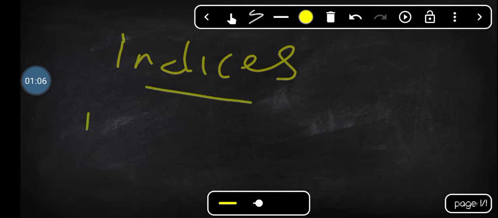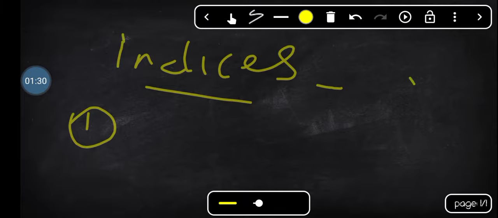The first law we'll look at in indices, we should be familiar with. Before we go into the laws of indices, we want to look at what we know by the word indices.